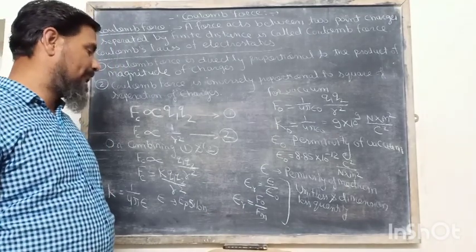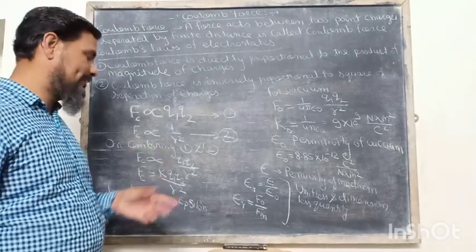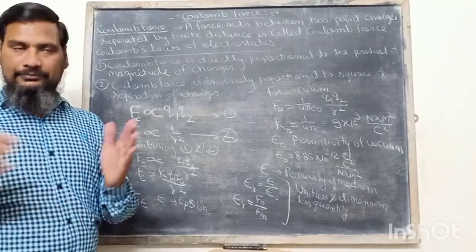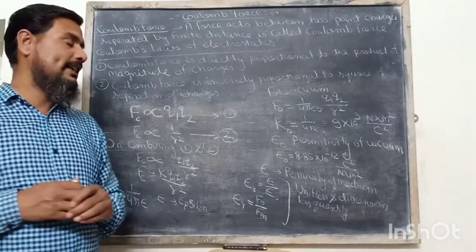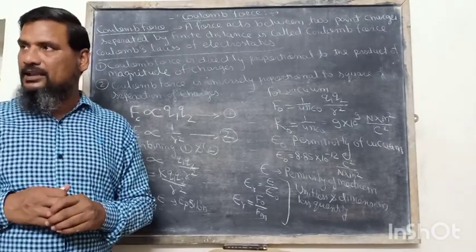The Coulomb force is a vector quantity. It is attractive for unlike charges and repulsive for like charges.